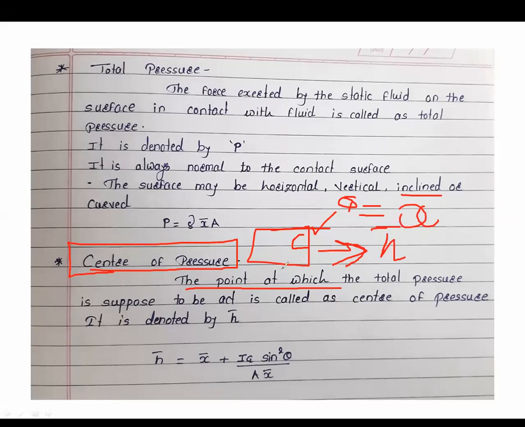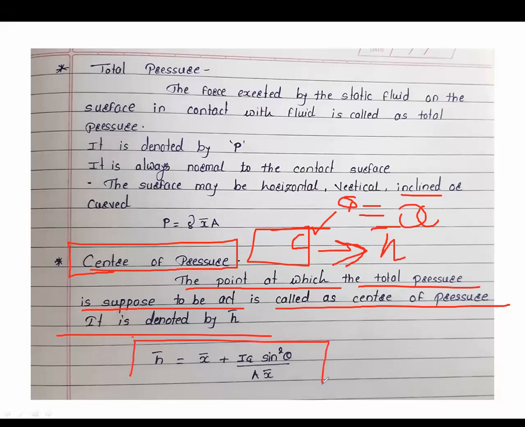The point at which the total pressure is supposed to act is called the center of pressure, denoted by H bar. H bar equals x bar plus Ig sine square theta divided by A x bar. x bar is the depth of the center of gravity, and H bar is the depth of the center of pressure.